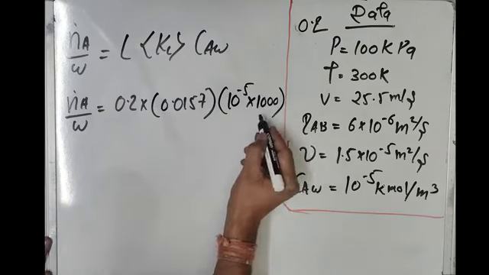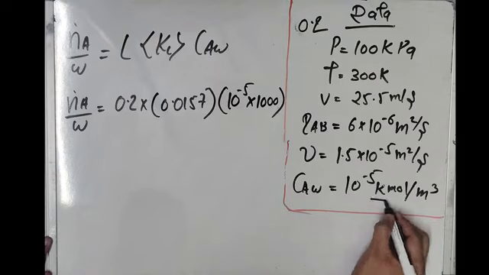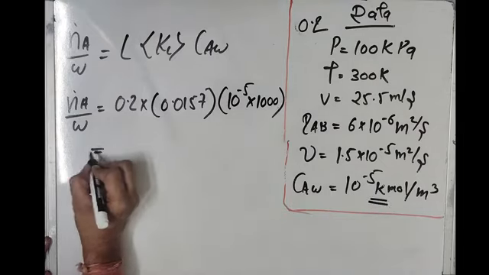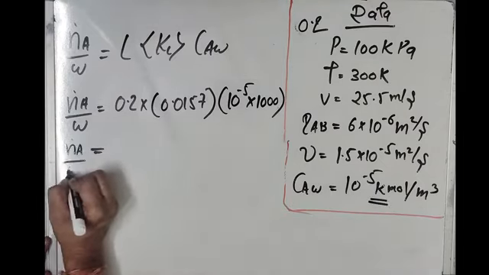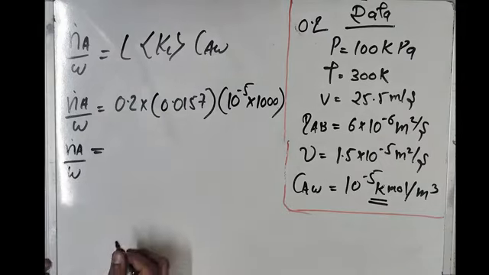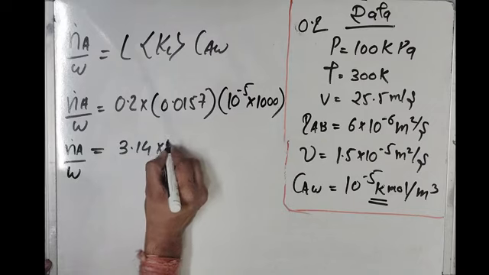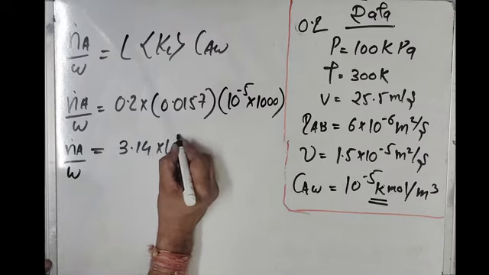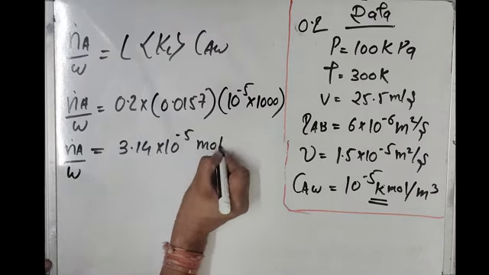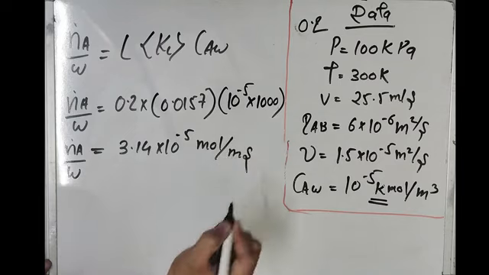We had multiplied by 1000 here because the concentration is given in kilomole. After calculating, the final value that we obtain is 3.14 × 10^-5 mole per meter second.